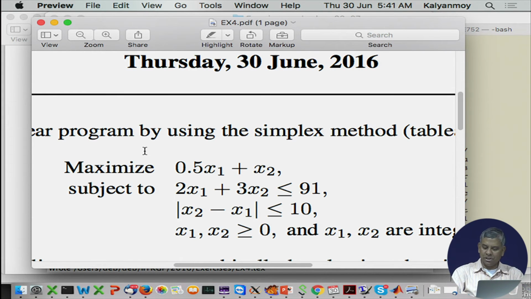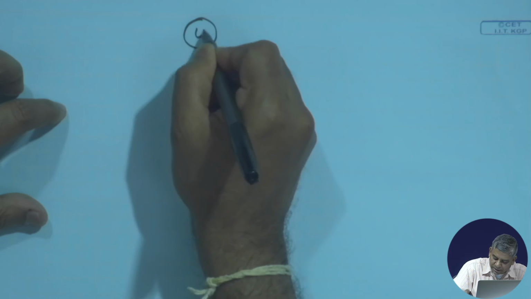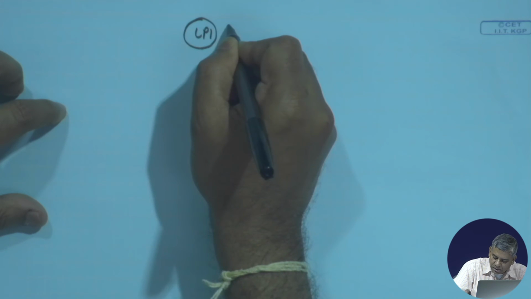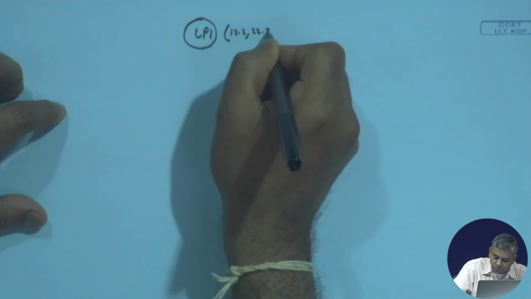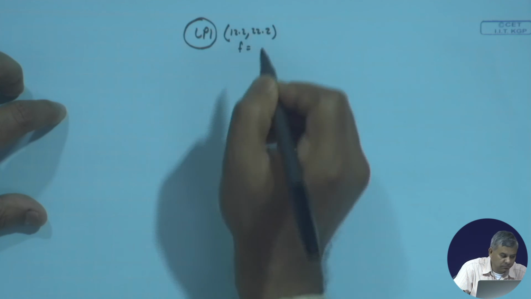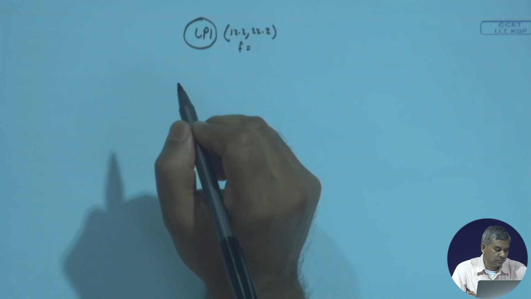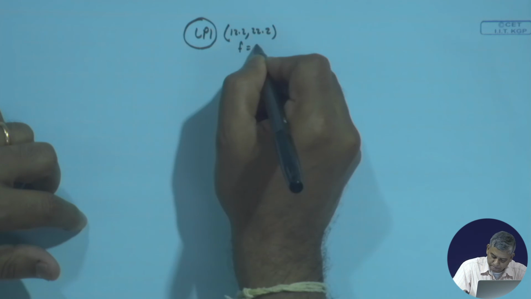So that becomes your solution to LP1, is it not? So let me put it this way here and you solve and tell me. So this is your LP1, 12.2 and 22.2. And what's the function value? 28.3.